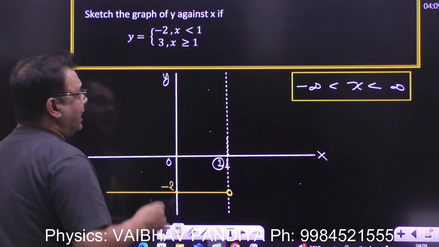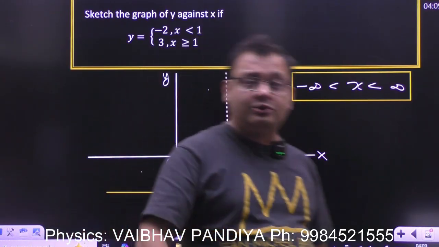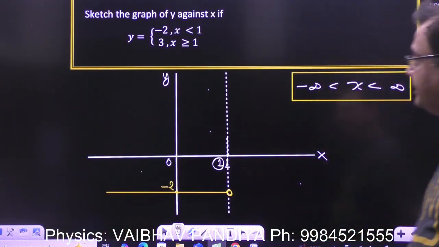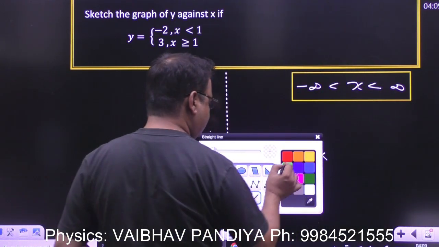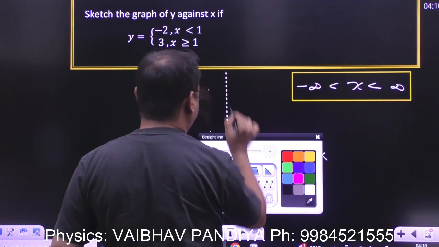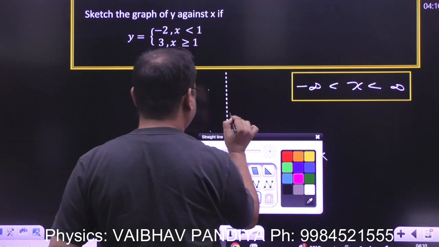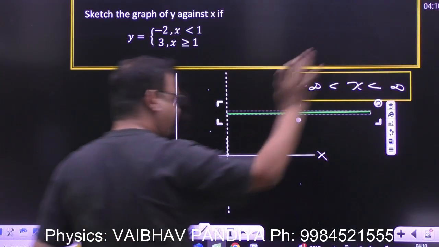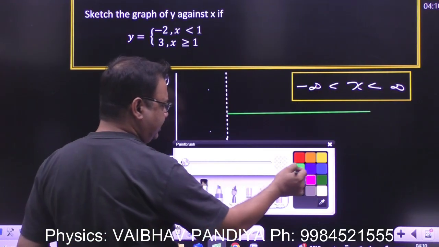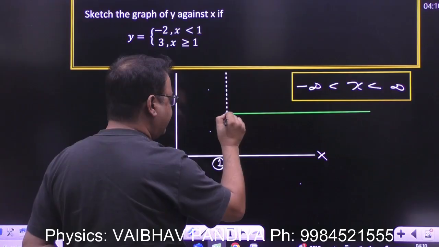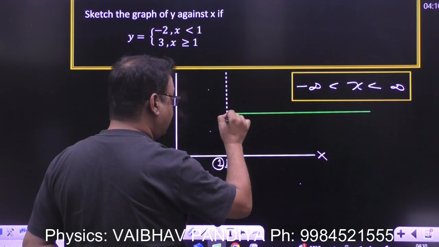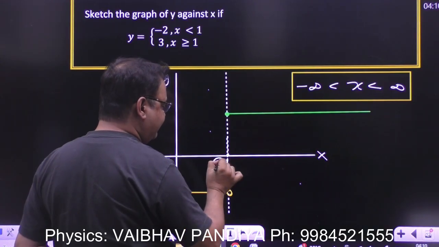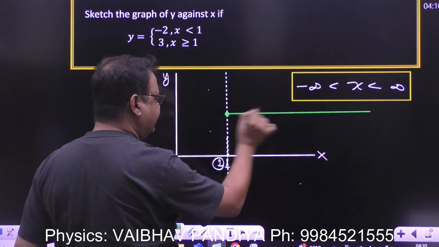Okay, and when x is greater than or equal to 1, we can see y is again a constant function equal to 3. And 1 is included in this part, so I can go like this, and of course it will go up to infinity, so I need not worry about the endpoint. And here I'm making a dark circle to denote that x equal to 1 is included in this description.